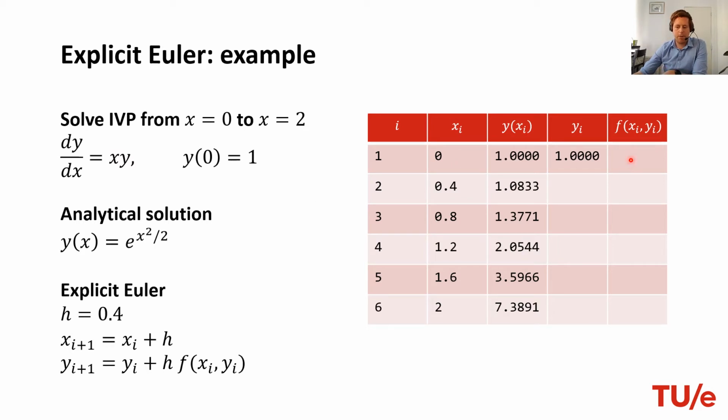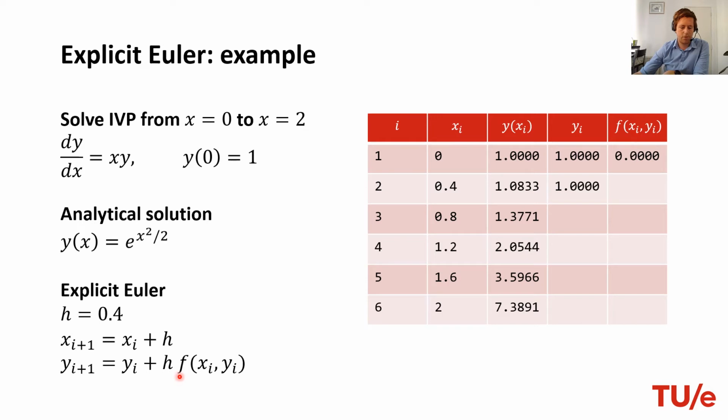So f evaluated in those points is equal to 0. We update the solution, so we multiply this 0 with h, that remains 0, and we add that to the current numerical solution, which gives us the solution in the next step, which obviously is also equal to 1. So now we're in step 2.